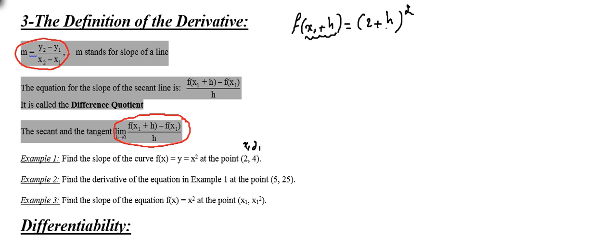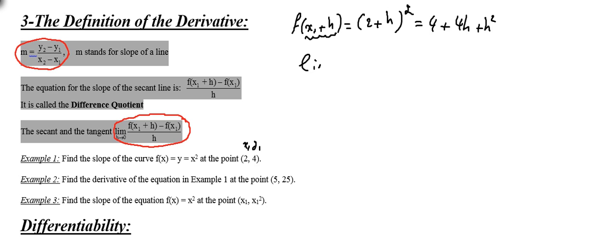Then we can find the slope. Let me first expand this: square the first, plus 2 times the first times the second, plus square of the second. Now let's find the limit, the derivative.